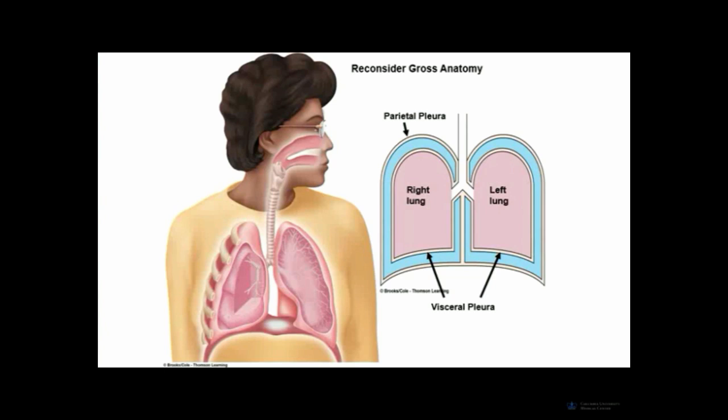In the thoracic cavity, those membranes are referred to as pleural membranes. The visceral pleura cover the right and left lungs, while the parietal pleura lines the interior of the thoracic cavity.